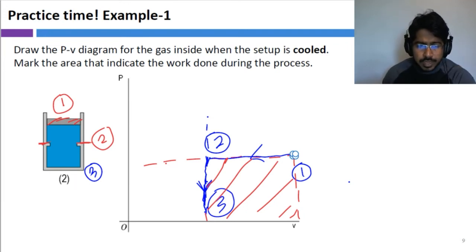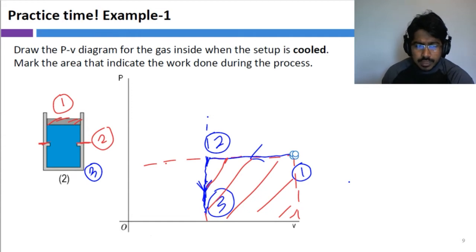Perfect. So now here, from 1 to 2, is there work or no? There's work.